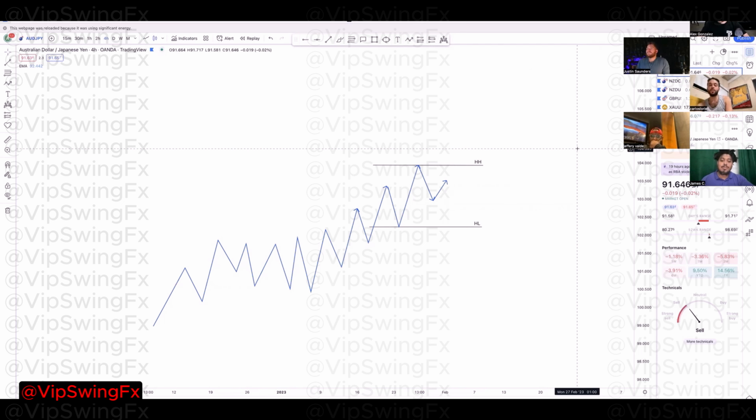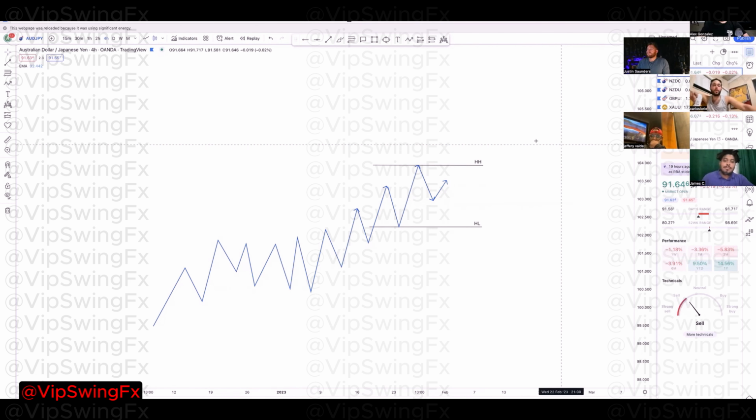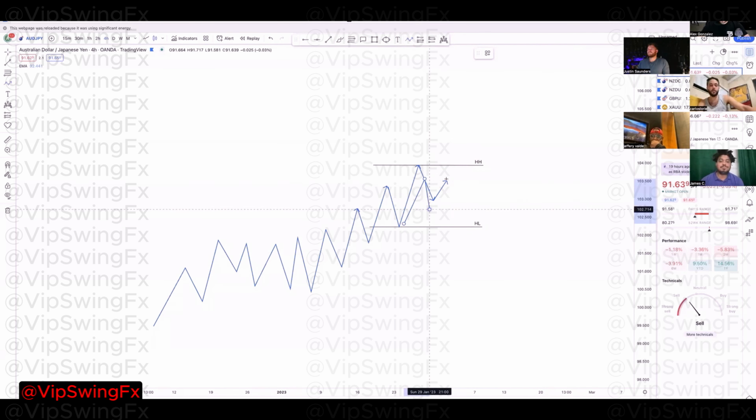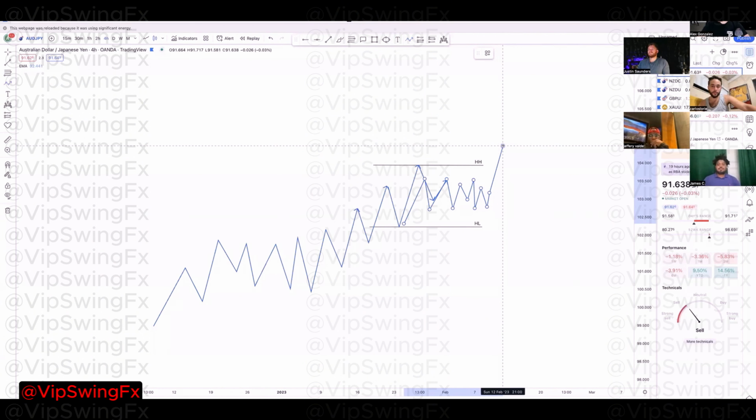I mean, 60-40, the majority of you guys maybe got it. Still a lot of mistakes. So this point right here is not a lower high. The first thing that I said is anything that happens in between these two lines is simply market structure until we break above or we break under.